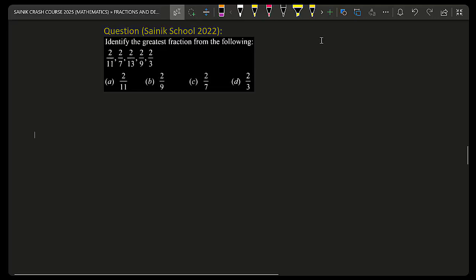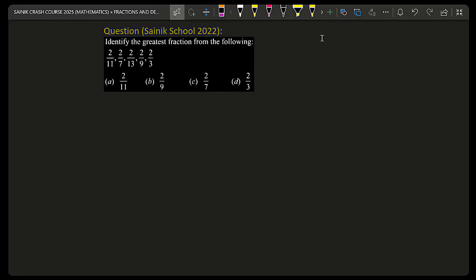Can you say why? Sir, all the numerators are equal, then it is opposite. That means greater the denominator, lesser the value. Lesser the denominator, greater the value, right? Yes, sir.